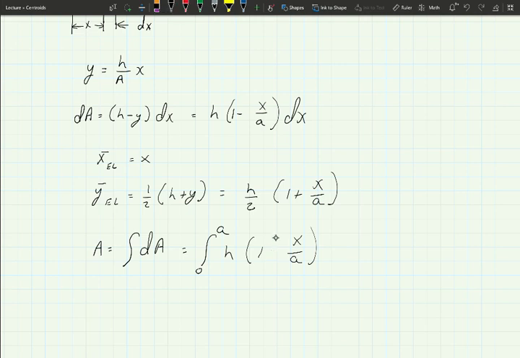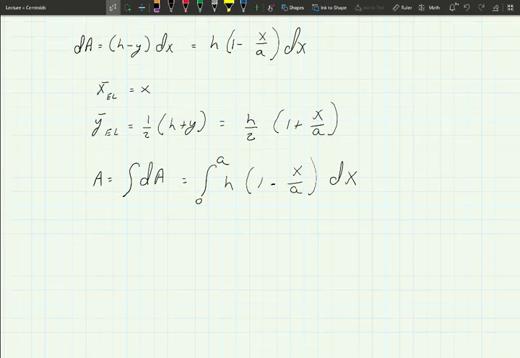Oops, 1 minus. Gonna have to keep track of where we are in space up here. And that will be times dx.